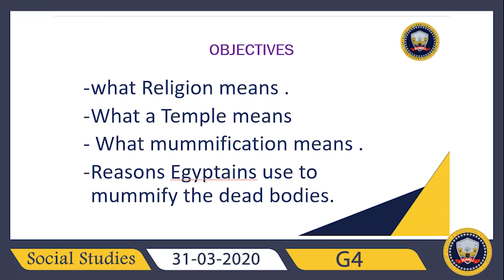The objectives for today's lesson: firstly, we need to know what religion means. Secondly, we need to know what a temple means. Thirdly, we need to know what mummification means.